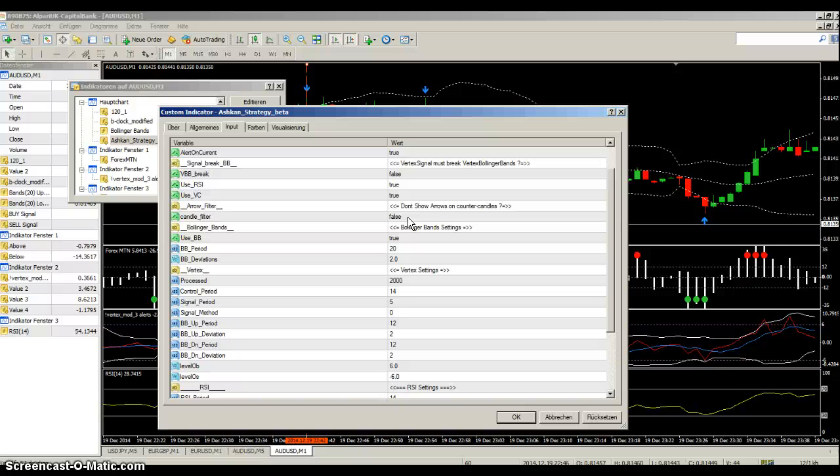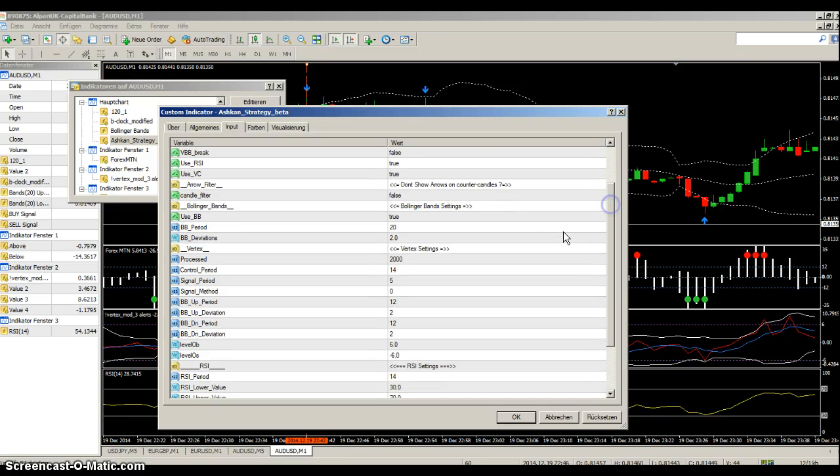Okay? Then we have the Bollinger Band settings. These settings pertain to the price, to the candlesticks, not to the vertex indicator, but to the actual Bollinger Band on the chart. You can set this to false if you want to. Then we have all the vertex settings, you know, from the original indicator.